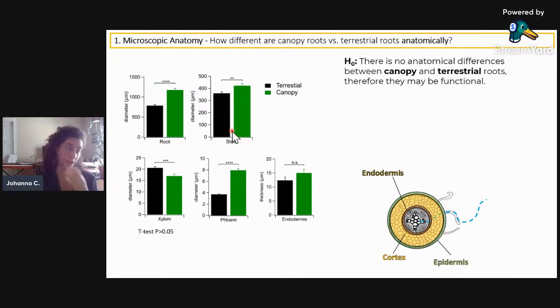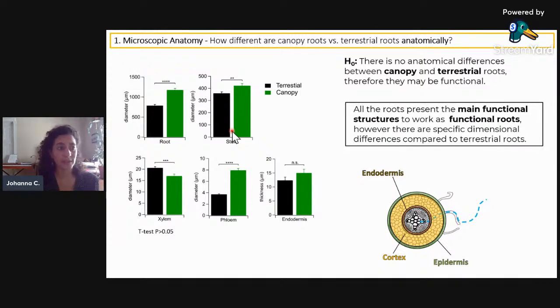So going back to our hypothesis, there is no anatomical difference between canopy and terrestrial roots, and therefore they may be functional. All the roots present the main functional structures to work as functional roots. We found dimensional differences compared to terrestrial roots, but this could probably be explained by the age of the roots.